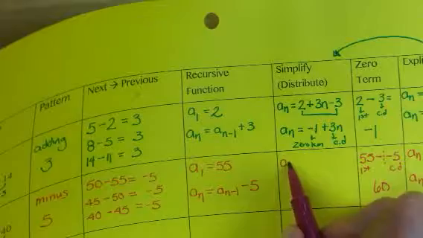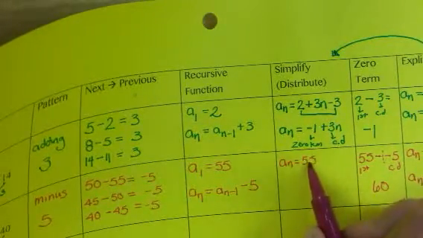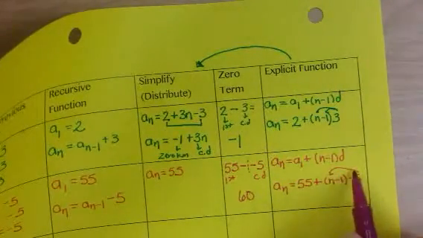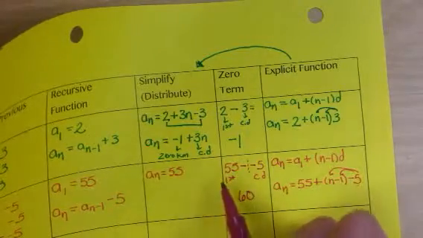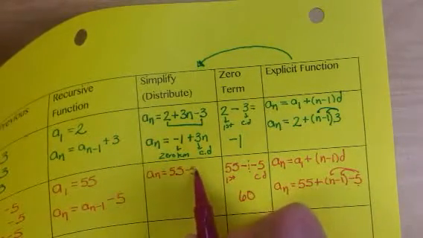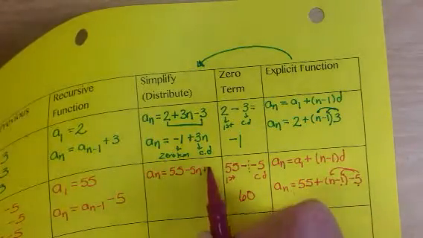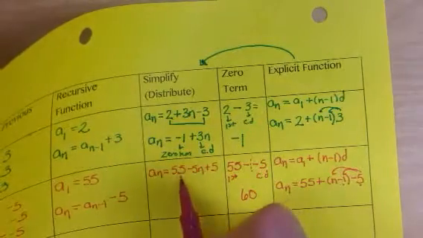Again, a sub n would equal 55. Now if we distribute, that means we're taking this negative 5 and multiplying it by our two terms in parentheses. So negative 5 times n would be negative 5n. And negative 5 times negative 1 would make a positive 5, because a negative times a negative is a positive.